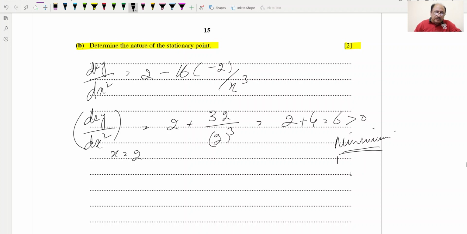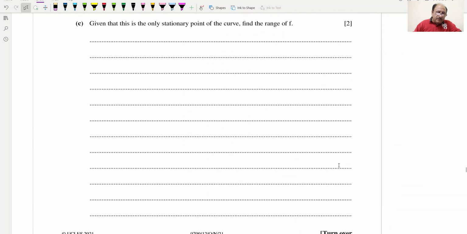So this is done. Now the C part: given that this is the only stationary point of the curve, find the range of f. This is a 2-mark question. When x is equal to 2, what is f of x?